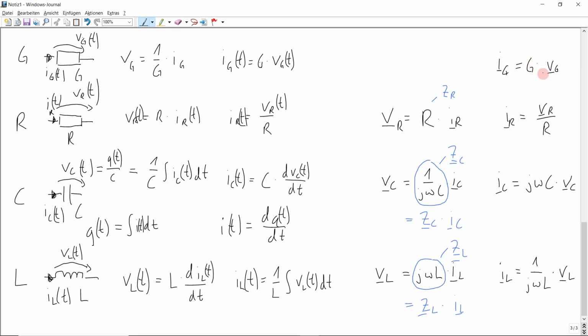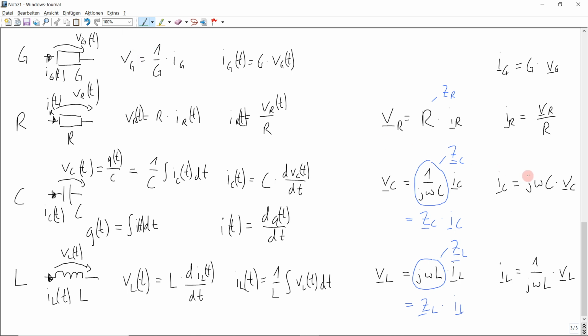So we can see now here and here and here, we also have the same stuff. Current is something times voltage.